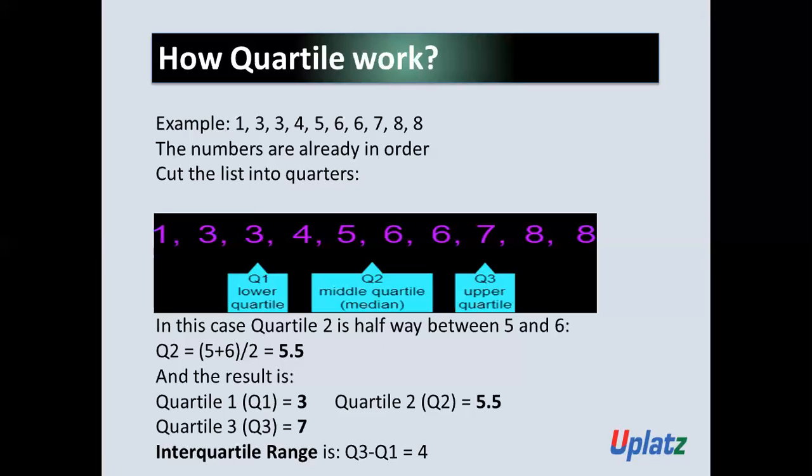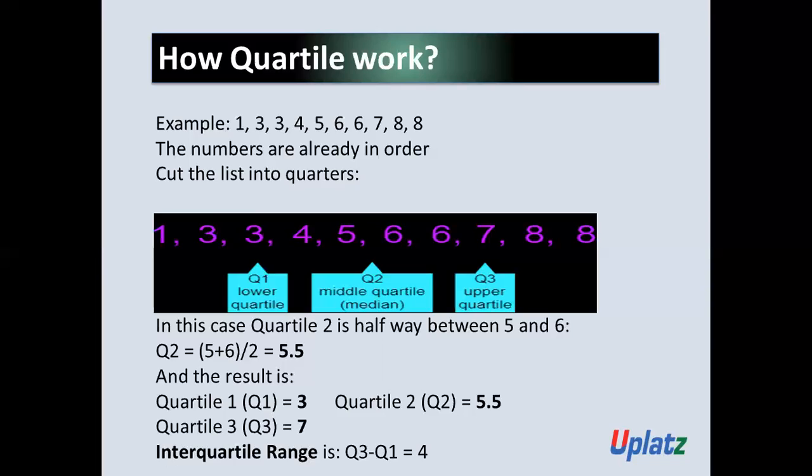So the lower quartile or the first quartile is the middle number between the smallest value and the median. Whereas the upper quartile is the middle number between the median and the highest number of your distribution. And the median, we know, is the middle value of the data after you sort the data.